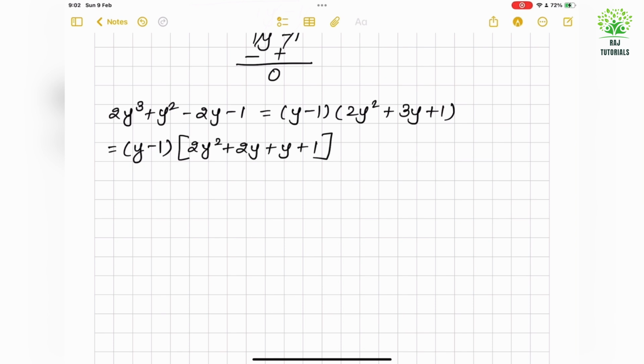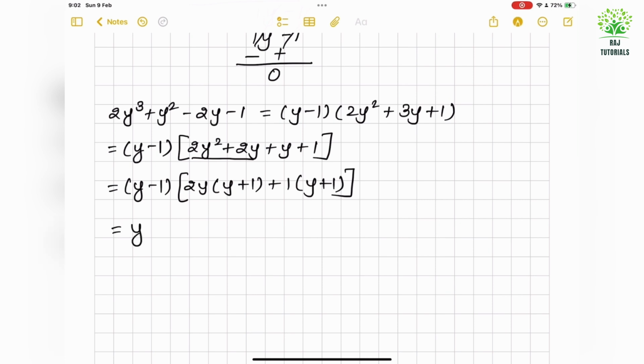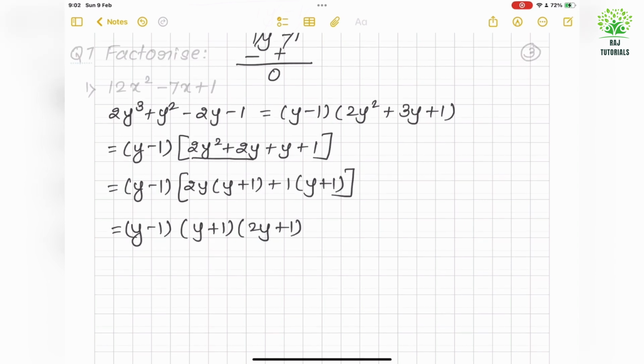So this will be y minus 1 into, from the first two I am taking 2y common, so y plus 1, and from the second two I am taking 1 common, so y plus 1. So this will be y minus 1 into y plus 1 into 2y plus 1. So I got all three factors of P of y.